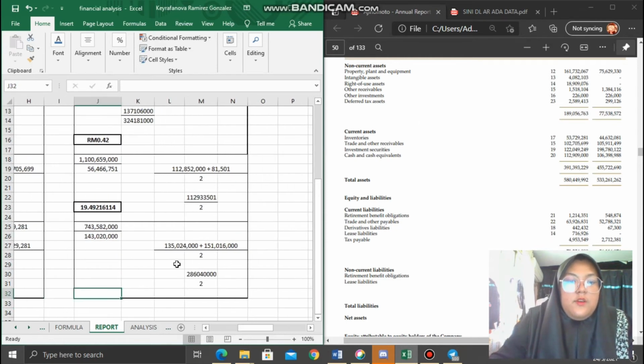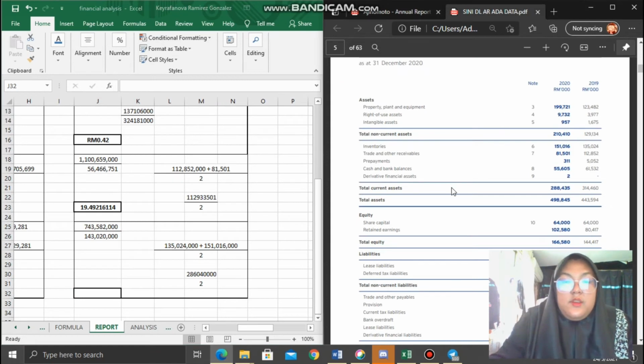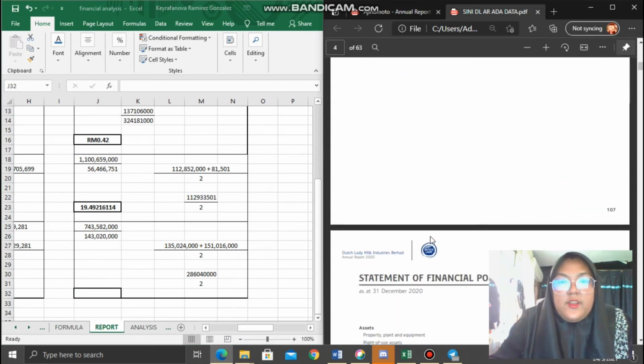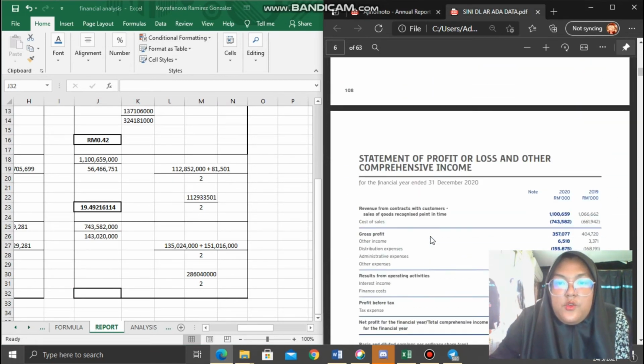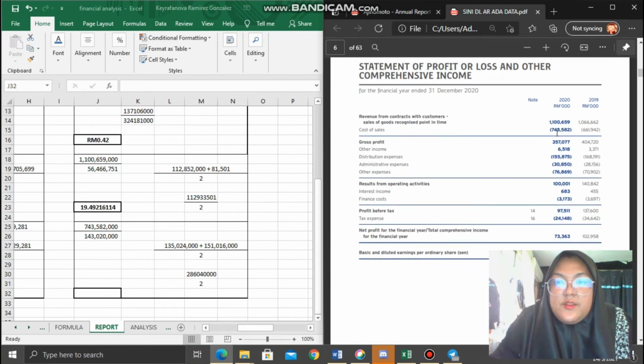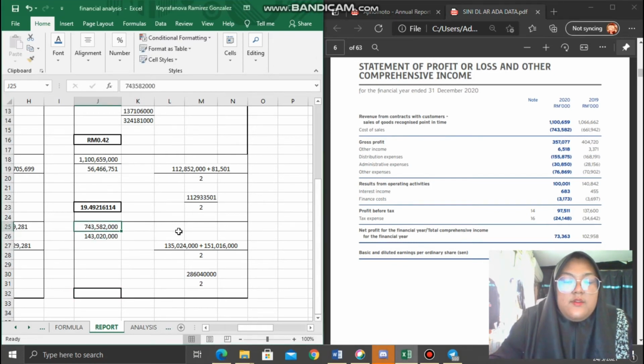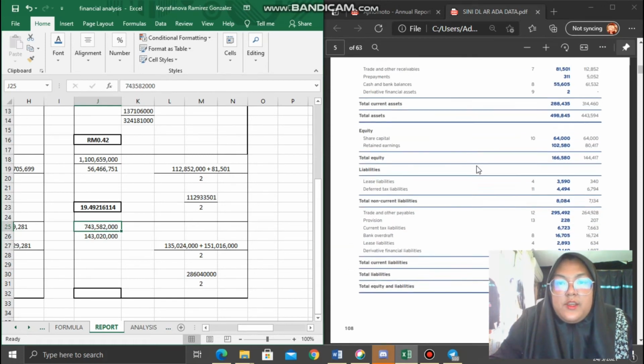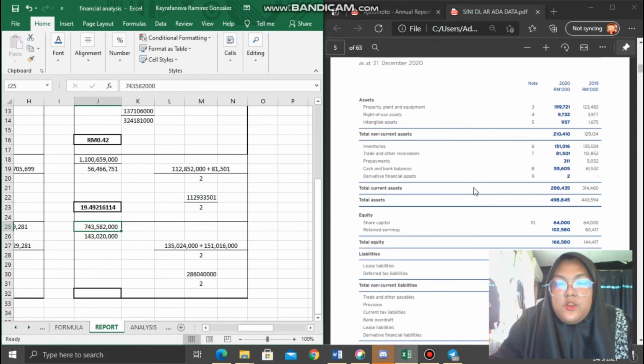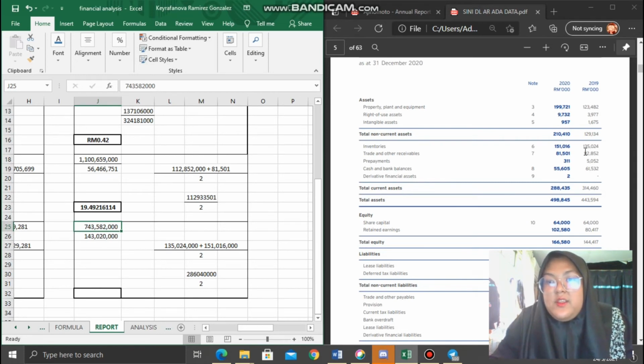Now for Dutch Lady, it is the same as well. We need to find the cost of goods sold, which is 743,582,000, and for the average inventory, from the statement of financial position, the beginning inventory is 135,024,000.